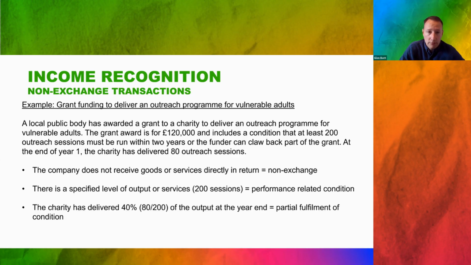At the end of year one, the charity's delivered 80 of those 200, which is 40%. So there's a partial fulfilment of the condition. And because the funder has the right to claw back that grant, so if they didn't deliver any more sessions, then 120,000 or 60% of that funding would be recalled. That means that in year one, you would only recognise 40% of that income.